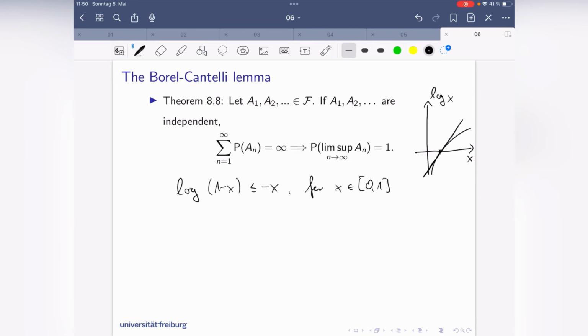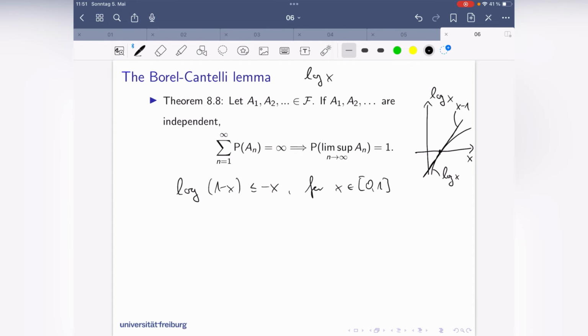So this here is the log, and this here is the function x minus 1, which means that log x is smaller or equal than x minus 1. That holds everywhere, but in particular also in the area between 0 and 1.